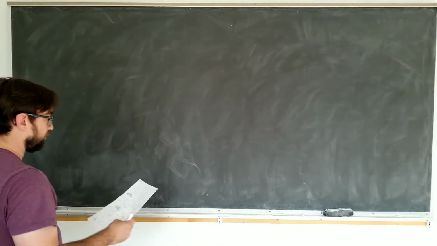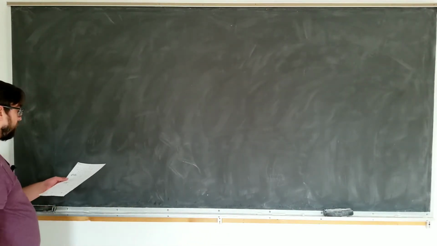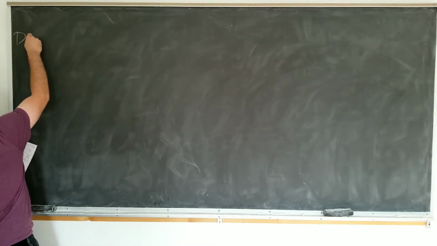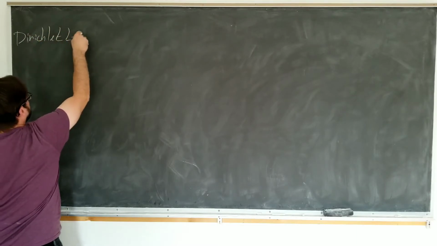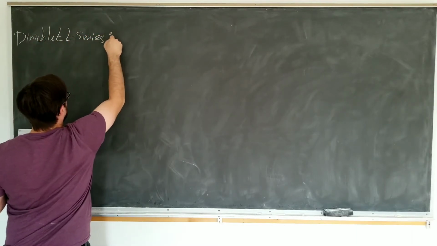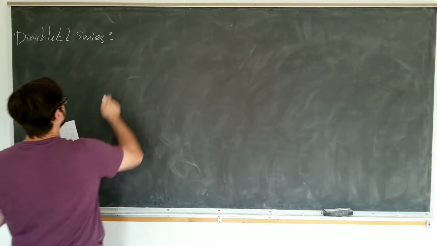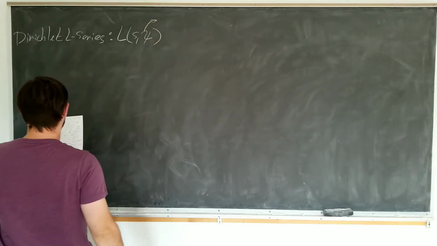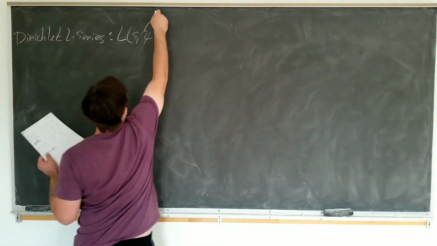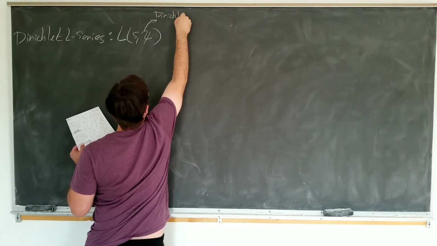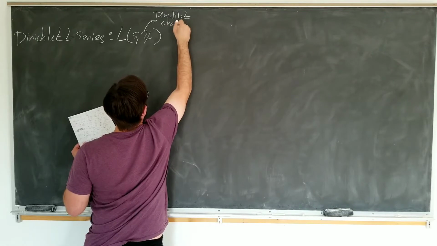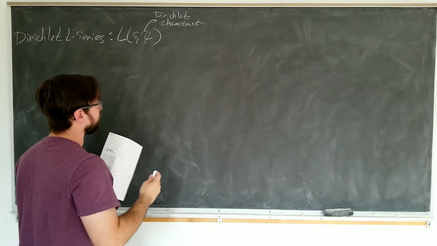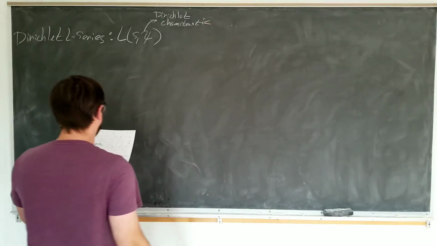Okay, so we are going to be generalizing what we did before by talking about Dirichlet L series. We call them L of a variable s and a function chi, where this is the Dirichlet characteristic.